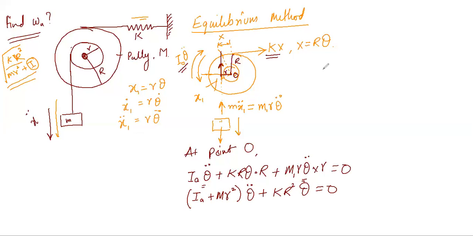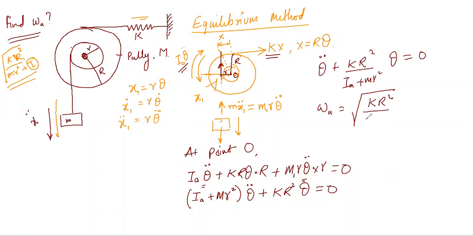So this equation, that is theta double dot plus capital K R square over I_A plus m r square theta is equal to 0. So omega n can be written as capital K R square over I naught plus small m r square. So this is the right answer.